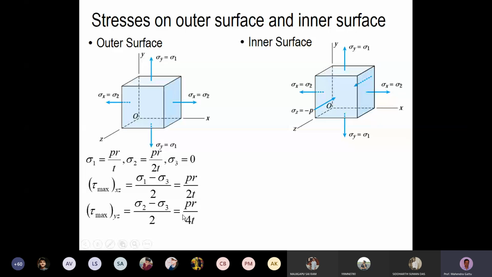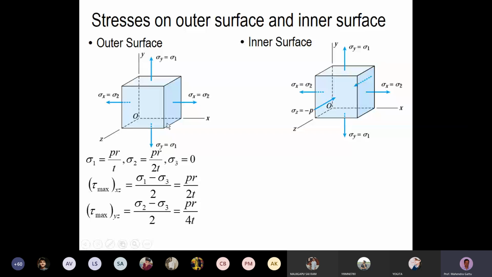But I think there is some mistake here. What is the mistake? Sir, tau max xz is equal to sigma 2 minus sigma 3 by 2. Yeah, sigma 2 minus sigma 3. Oh, no, I think it's okay, because we are looking at the xz plane, right?